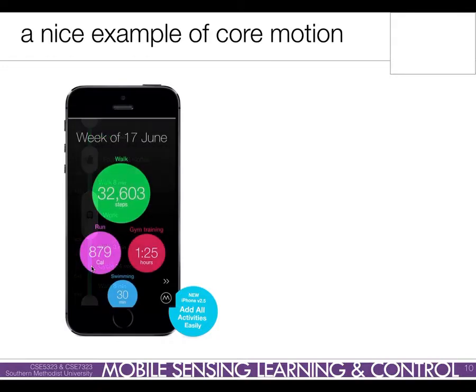Pretty cool. It also allows you to do, in this new version, it says, hey, you've been training at the gym for 1 hour and 25 minutes, or you've been running and you burned 879 calories, or 32,603 steps. That cannot be in a day. Okay, week of 17th June, right? So that's really, really cool. These are some high-level activities.